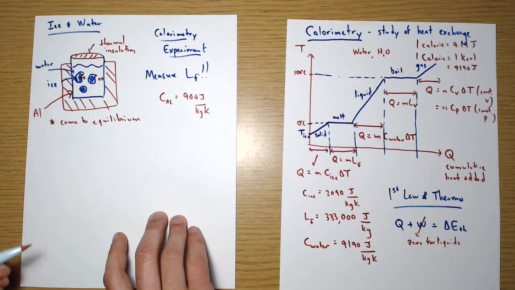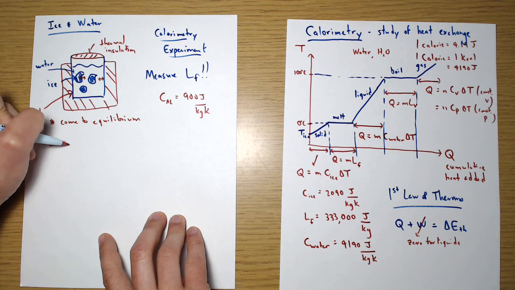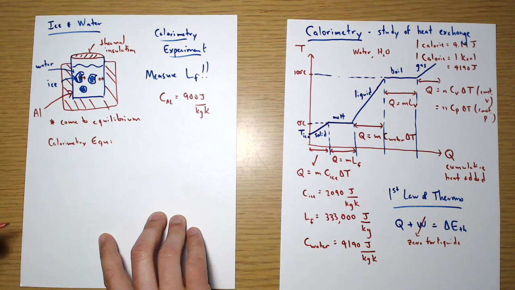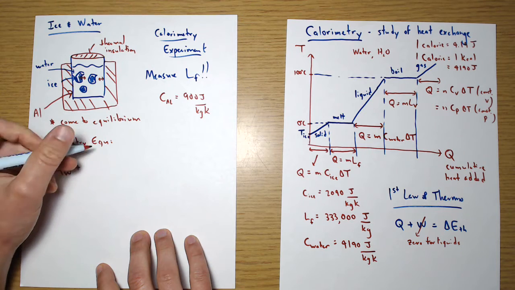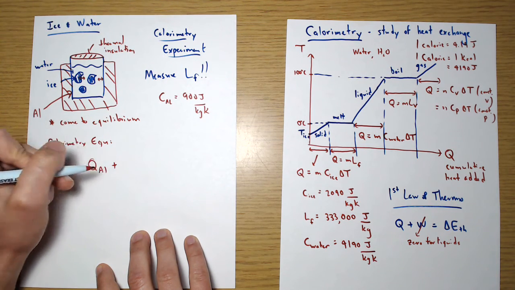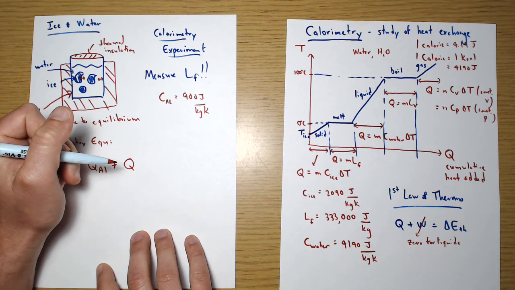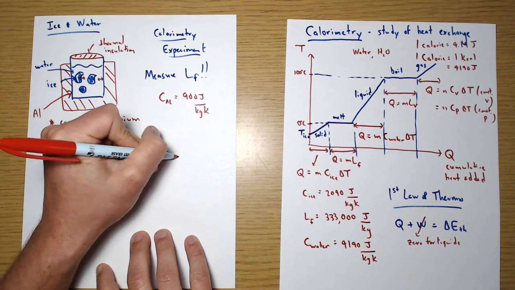So what we could write then for our calorimetry equation is the heat lost by the water plus the heat lost by the aluminum plus the heat exchanged by the ice has to equal 0.